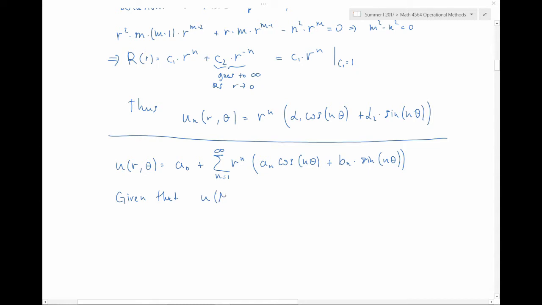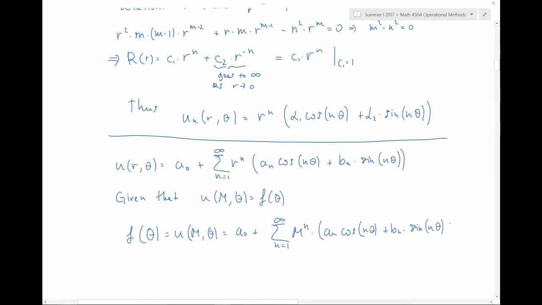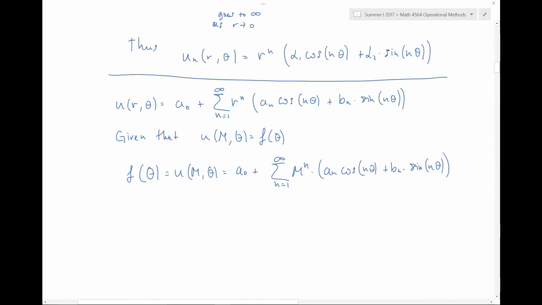So given that u(m, theta) was just function f of theta, we plug in m into r, and using the formulas we had for the Fourier series, we can derive that a naught is simply 1 over 2 pi times the integral from 0 to 2 pi of f of theta d theta.